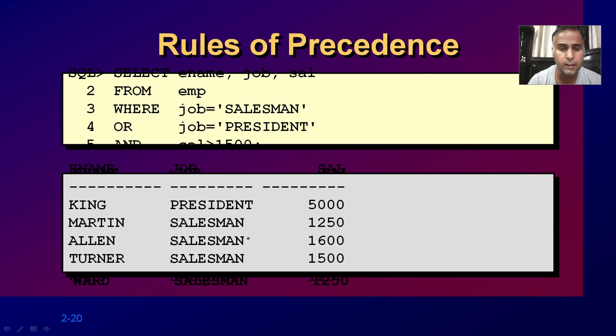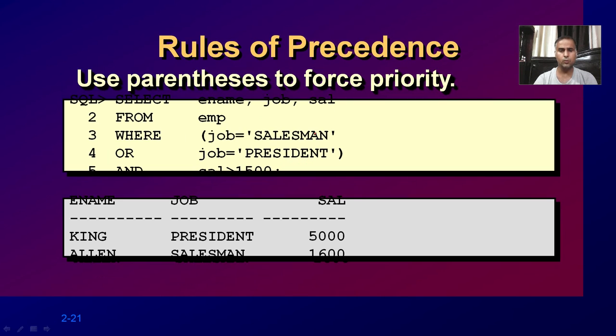Here, rules of the precedence, some examples are given. Here where condition or condition and condition is mentioned. Based on this we will get the result. We follow the precedence rules. Some other examples are mentioned here. First, where condition OR an AND condition is mentioned.